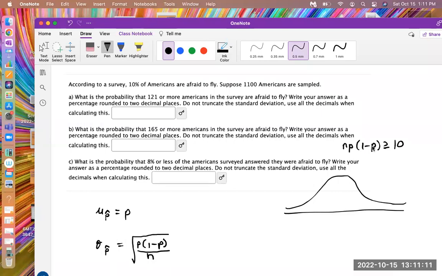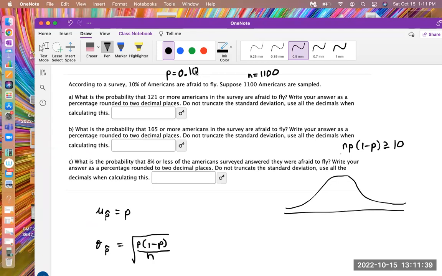Sometimes I accidentally skip over that part, but in real life we should make sure to do that. So N is the number sampled, so 1,100. And then the P, the population proportion, is the one that they state as a fact in the beginning of the problem. 10% of Americans are afraid to fly, so we'll put 0.10.